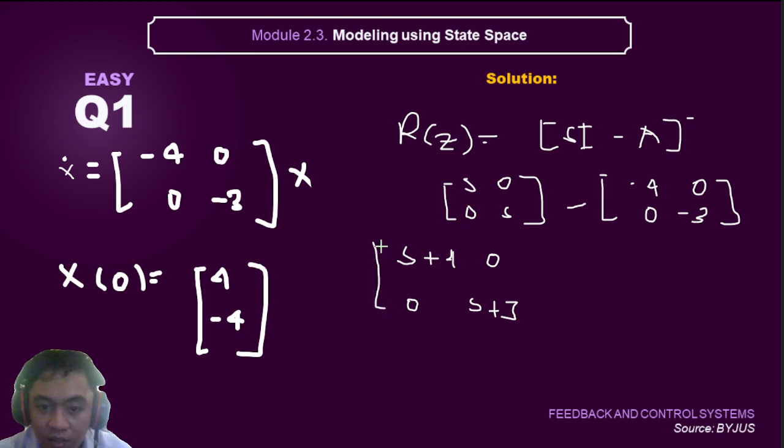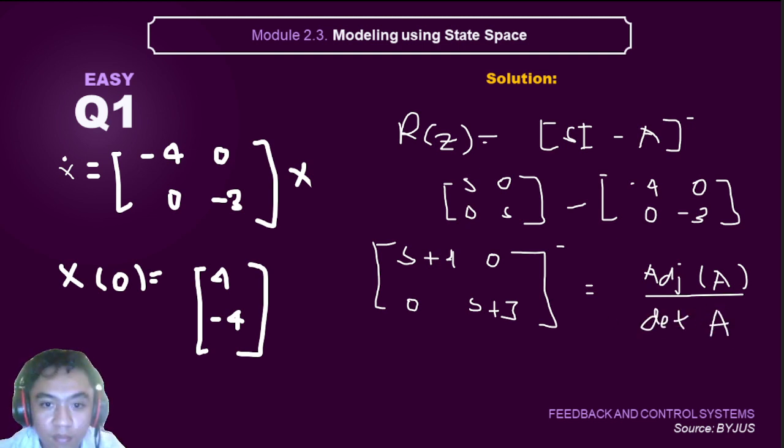Now to invert this, a 2 by 2 matrix can be handled through the formula of the adjoint of the matrix over the determinant. And by doing so, let's continue.